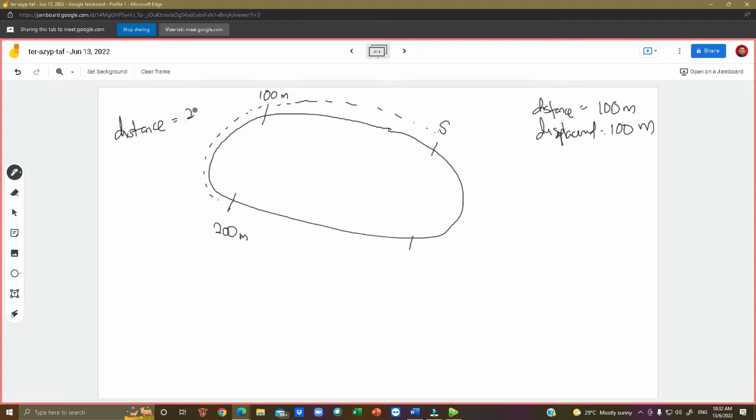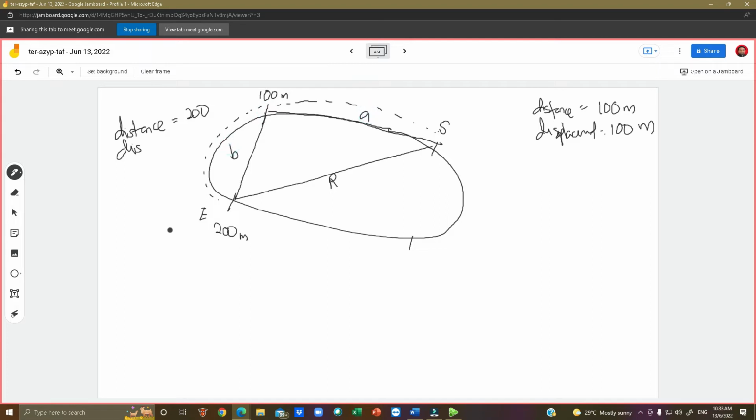200. Displacement dia? Okay, displacement dia jadi macam ni. So, these are the start, these are the end. Jadi, kita akan buat satu line daripada start ni ke end. Satu line lurus yang paling pendek. Berapa displacement dia? Okay, untuk yang ini, we need to find out dia punya resultant. Jadi, kamu kena ada data ni.